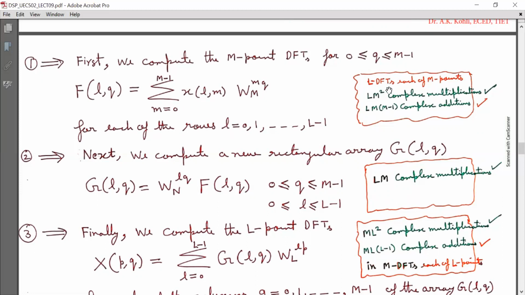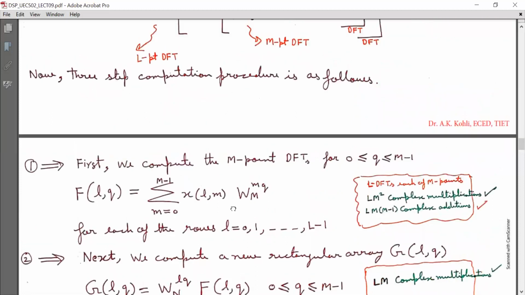This is L DFTs each of M points. So we will compute L DFTs each of M points, which require LM square complex multiplications and LM(M minus 1) complex additions.